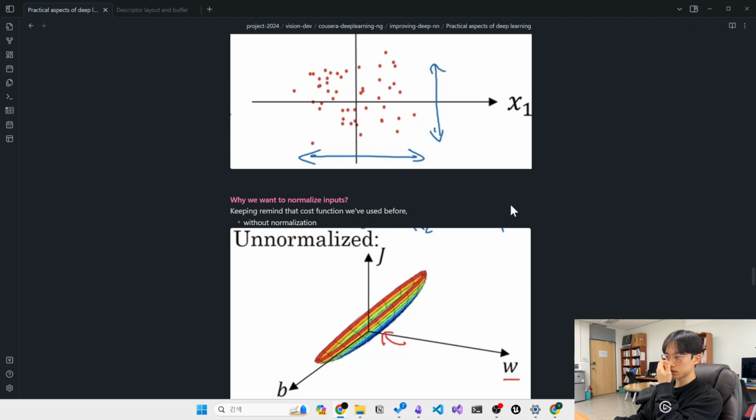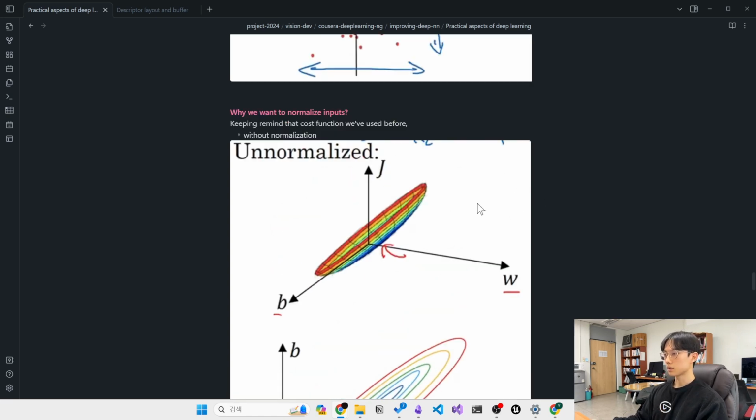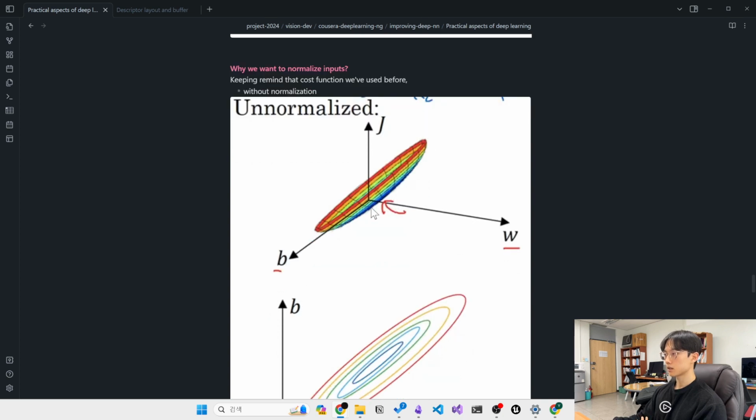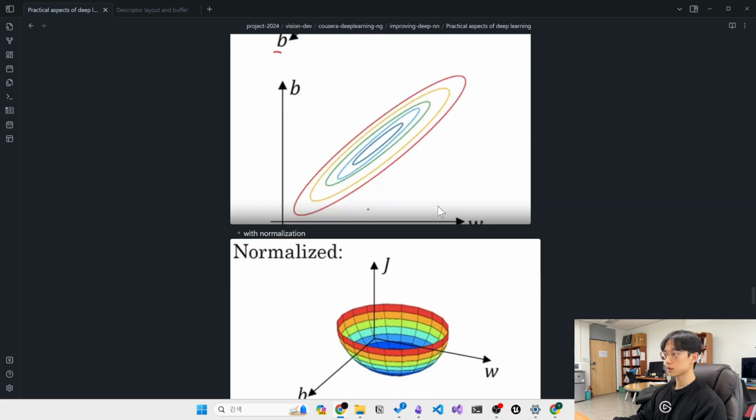So why do we need to do this? Because we can improve our learning algorithm to run faster. For example, if we have an unnormalized input here for the parameters W and B, we may get this bar form, which is elongated following the axis.